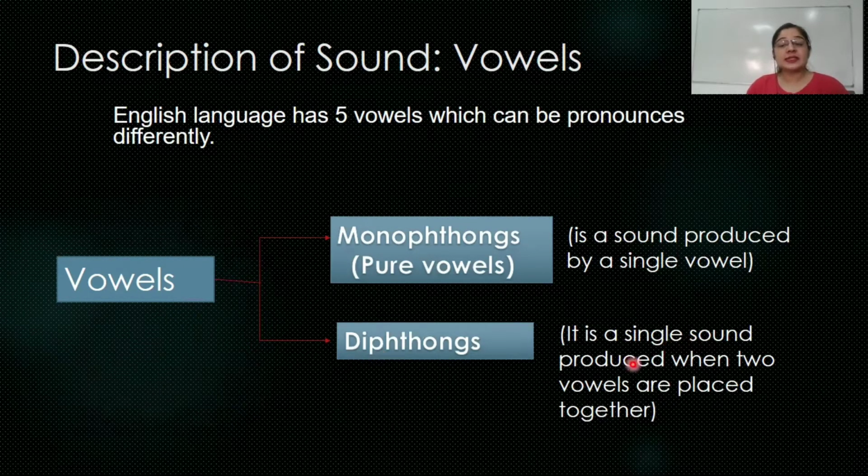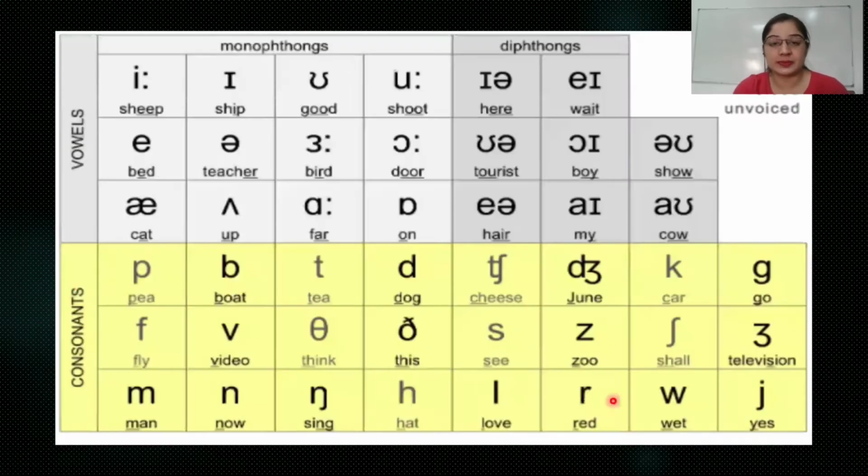It is a single sound produced when 2 vowels are placed together, as in air. A, I. 2 vowels, but single sound. Air, air, right? We are going to discuss this, which will be clear after we do this.